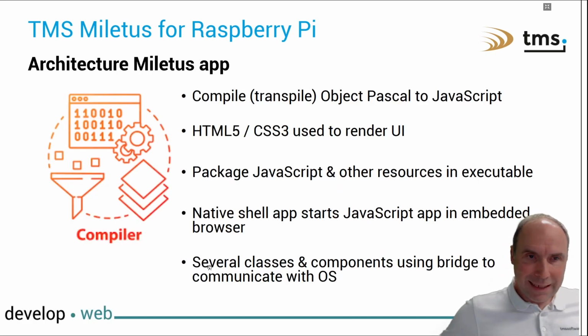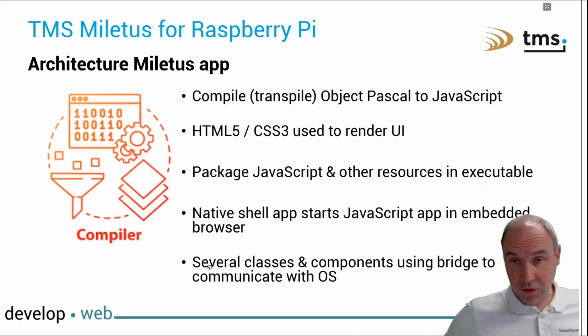And so technically, how do we create such a Miletus application? Remember that I mentioned that the actual application is running in a browser, so therefore the native language of a browser is the JavaScript language. Therefore, the first step is compiling or transpiling Object Pascal code to JavaScript.